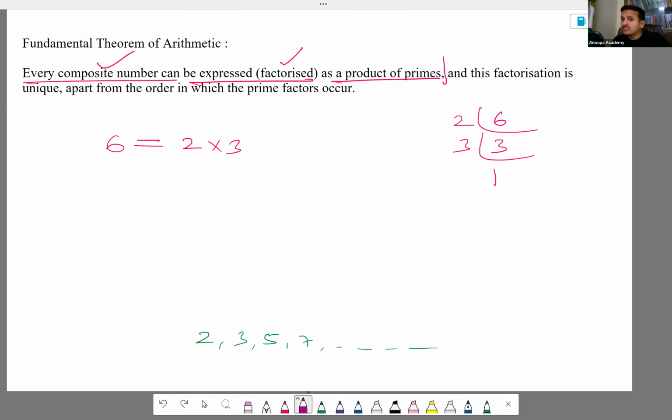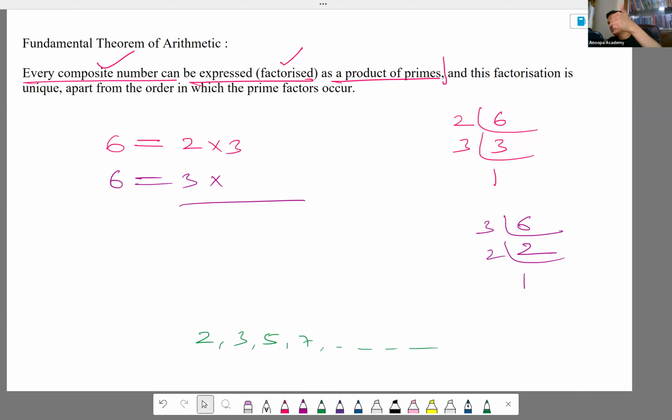Some students will start dividing by 3 itself, 3 twos are 6. They are also right, they are not wrong. But I request everybody to go in order. So 6, I can also write as 3 into 2, right? Both are correct. Yes or no, everyone?